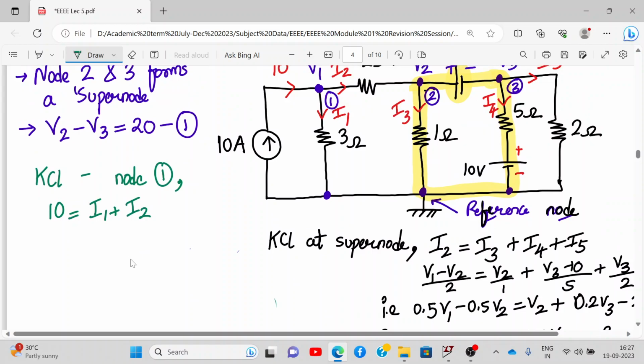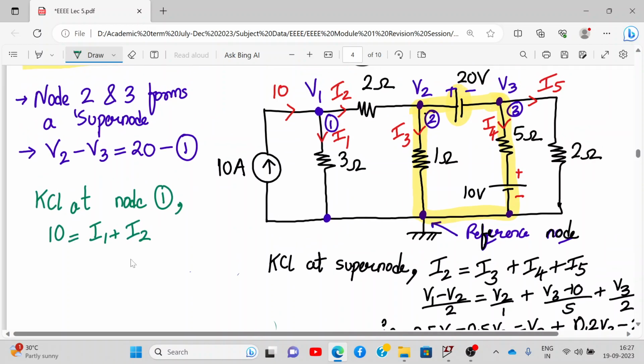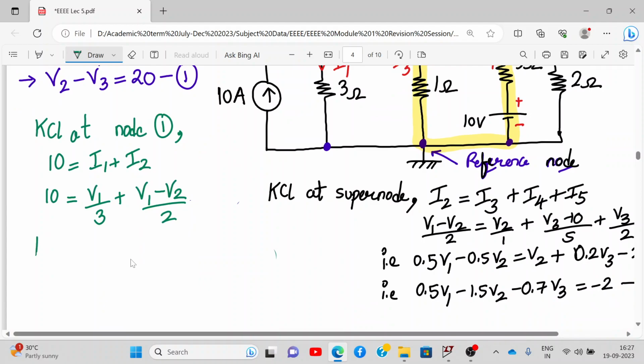So we apply KCL at node 1, 10 equal to I1 plus I2. So 10 equal to, let me rewrite it quickly, V1 upon 3 plus I2, which is V1 minus V2 upon 2. Alright, so we get 10 equal to 0.33 V1 plus 0.5 V1 minus 0.5 V2.